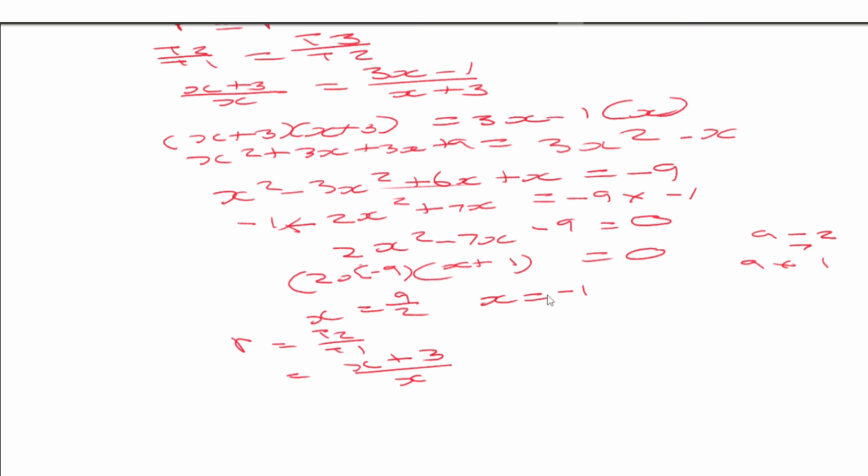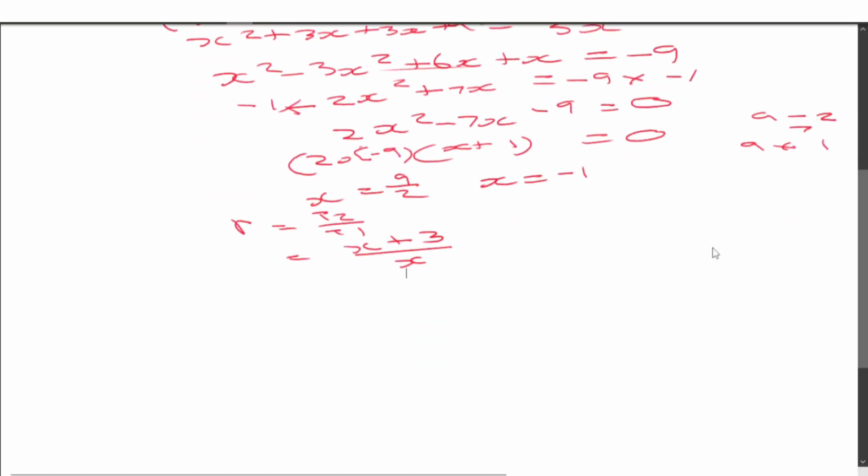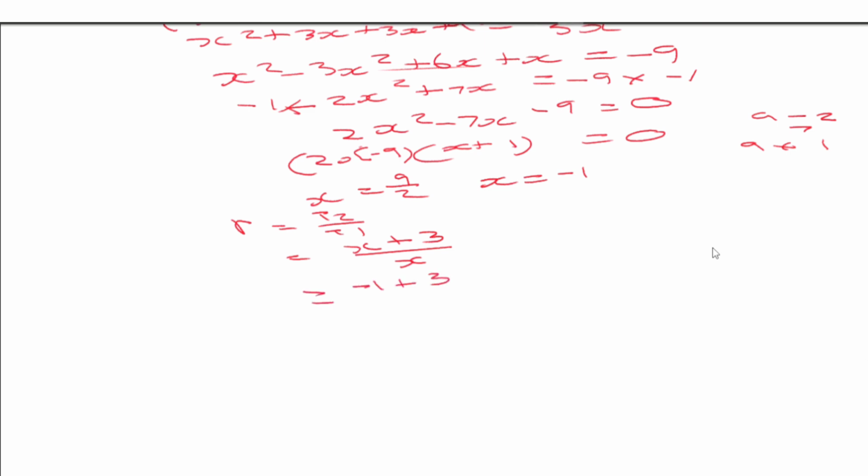Take this x, put it in here, and then we get negative 1 plus 3 divided by negative 1. Negative 1 plus 3 is 2. 2 divided by negative 1 equals negative 2.